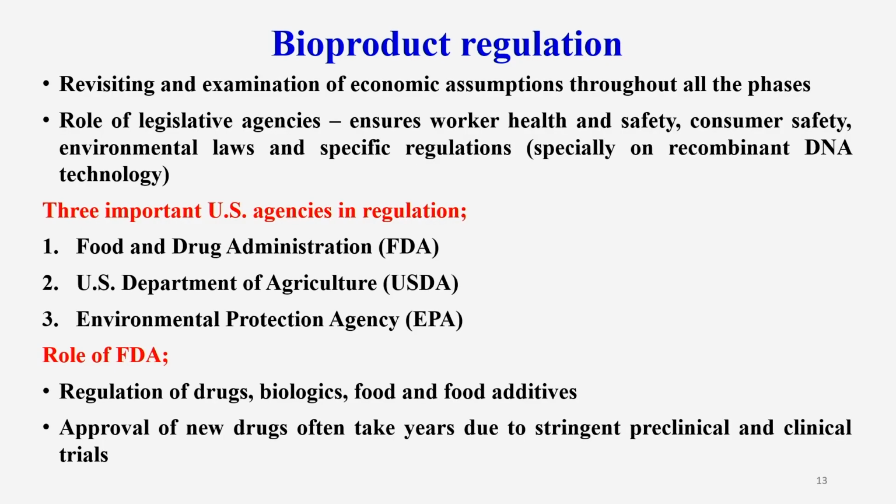In addition to that, there are certain regulatory requirements. So, we need to revisit and examine the economic assumptions throughout all the phases. There are various regulatory agencies, for example, the Food and Drug Administration or the Environmental Protection Agency. They are in the US; similarly in India also the Pollution Control Board is there.